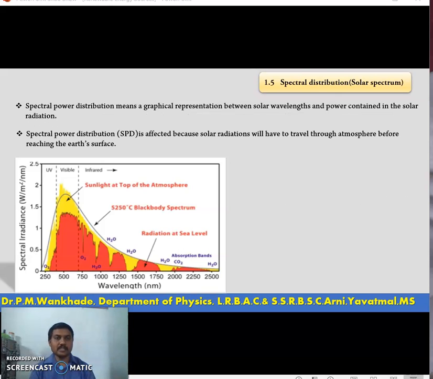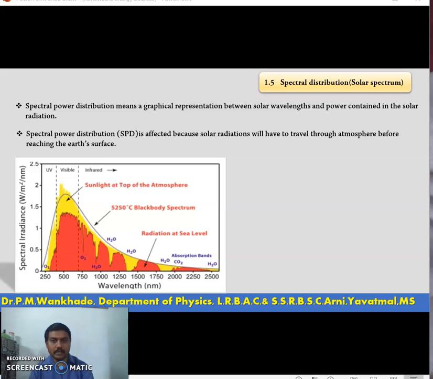The next point is spectral distribution, that is, the solar spectrum. We have already defined what we mean by solar spectrum. So, spectral power distribution means a graphical representation between solar wavelength and power contained in the solar radiation.